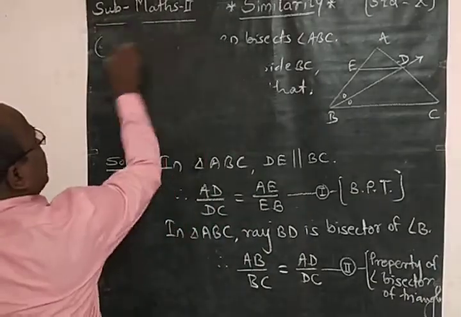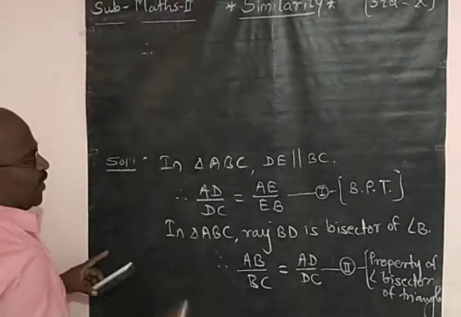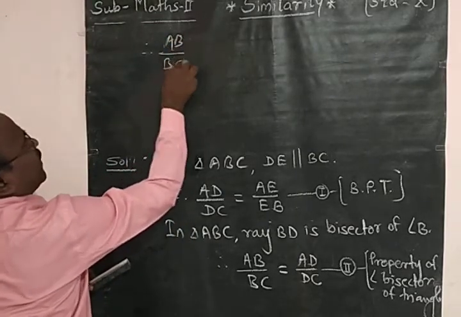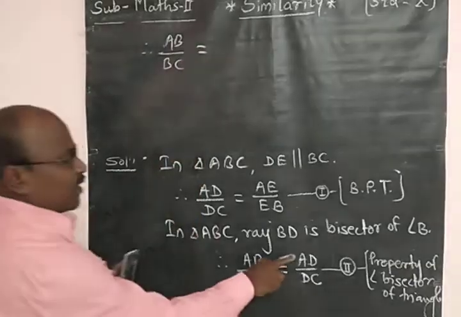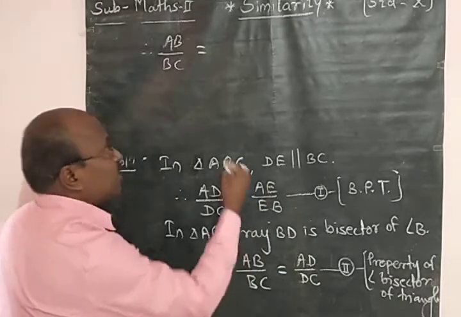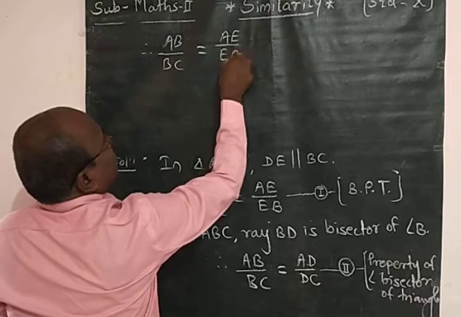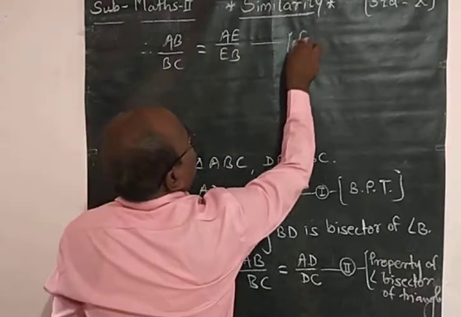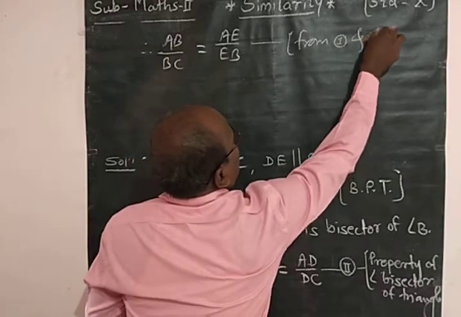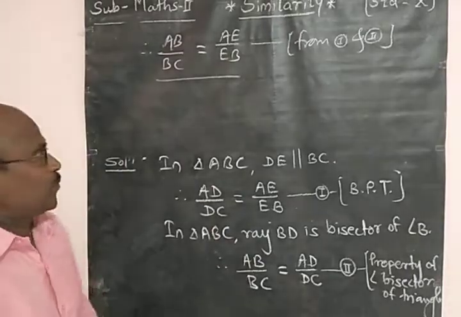Therefore AB upon BC is equal to AE upon EB. Now write the reason as from 1 and 2. So this is to be proved here.